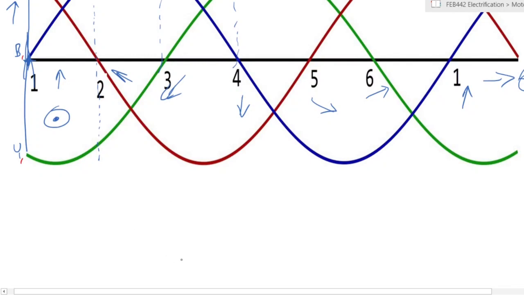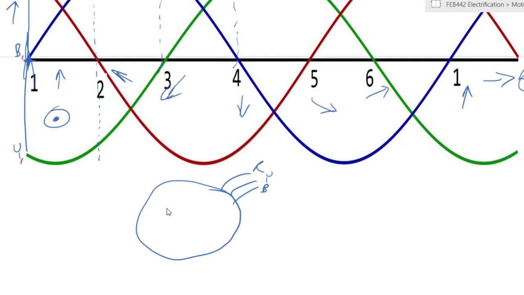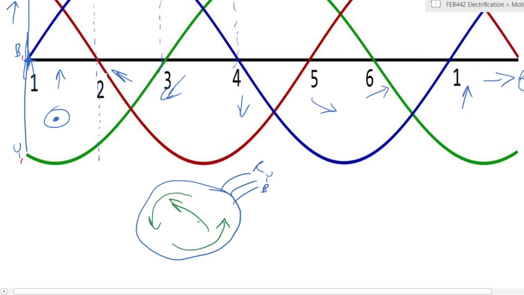So if this is your stator, and you apply your voltage, red, yellow, and blue, it will create a magnetic field that will move. It is in this direction, but it will rotate around the stator.